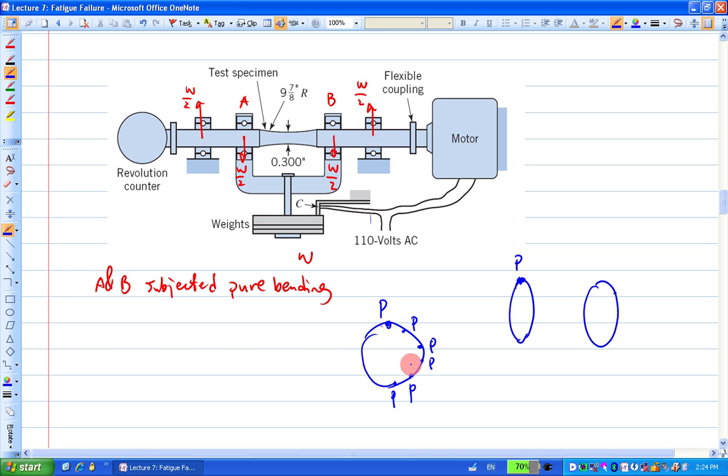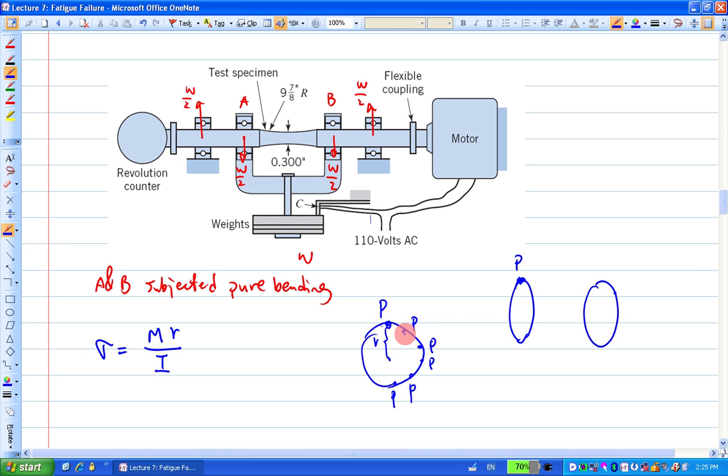Does that make sense? So what is the bending normal stress at this location P? In general, the bending normal stress is M multiplied by R divided by I. But actually, it's not R. In static analysis, R is the radius, this R here.